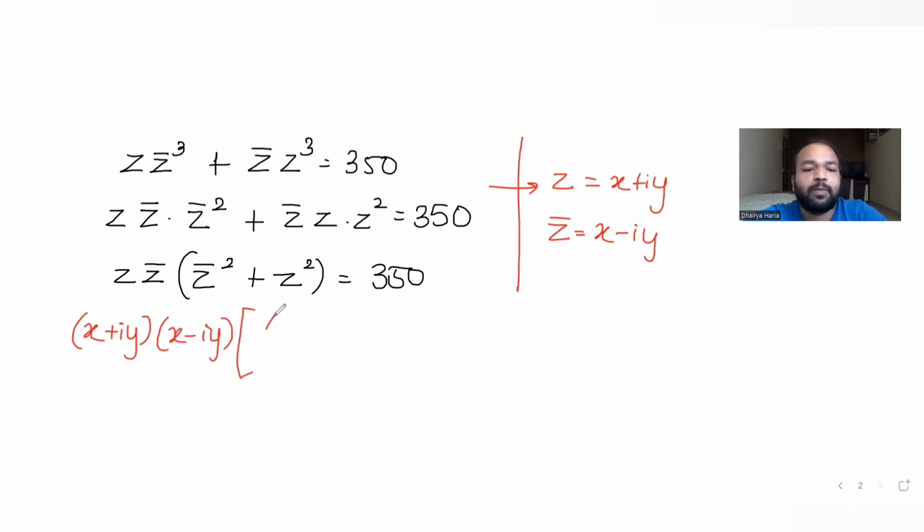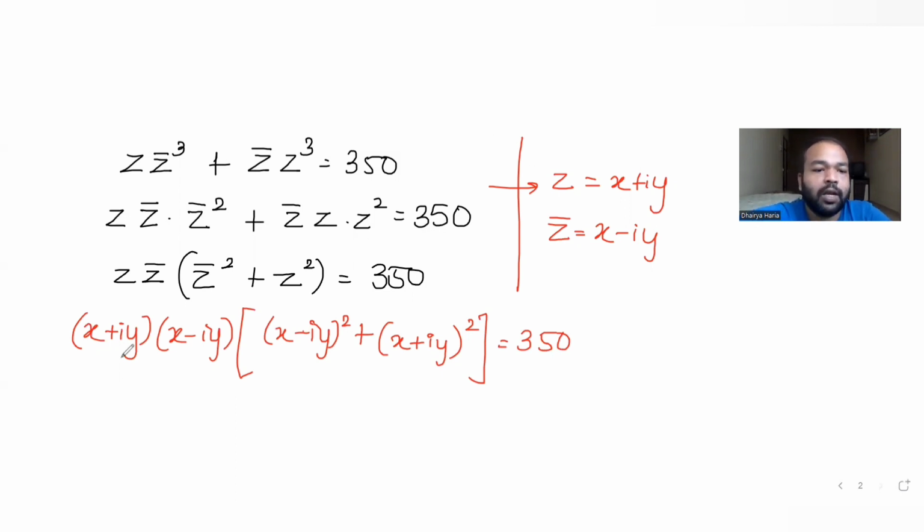Here you get x plus iy into x minus iy, plus x minus iy square plus x plus iy square, that is equal to 3. Let's solve these. We have a plus b and a minus b, that makes it a square minus b square. So this is your expansion of the first term.